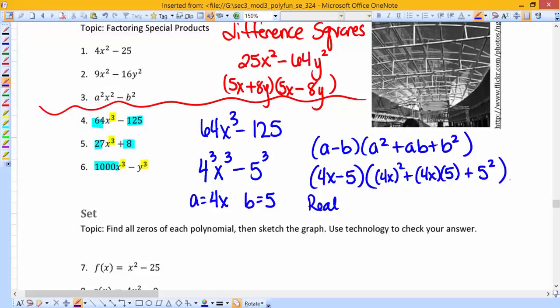So you're welcome to use some mental math here. I know some of you will be able to square everything and multiply everything right away. But our final answer for factoring this: 4x squared is 16x squared. 4x times 5 is 20x, and 5 squared is 25.